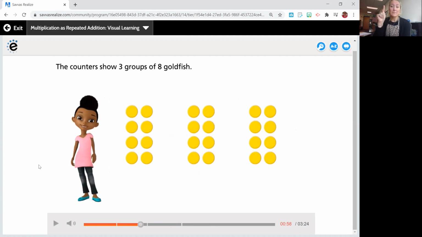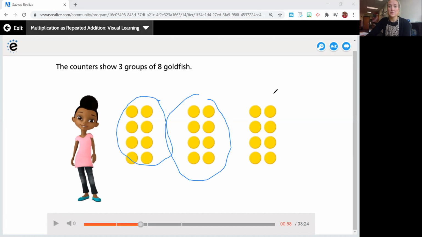Most of the time, we will use circles. Sometimes we'll use X's inside of circles, and we'll practice that a little bit later. In this example, you can see that each group has 8 counters, and there are 1, 2, 3 groups.